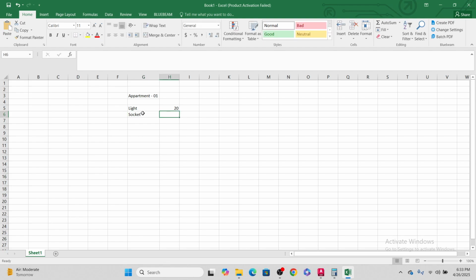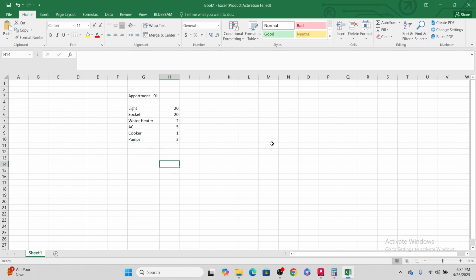And then the sockets. Let's consider around 30. No, we will put 20. Then we will go for the water heater. Let's say we have two bathrooms, so two water heaters, and AC, let's consider five or six numbers. Then the cooker, in the kitchen we have one, and let's say two pumps.